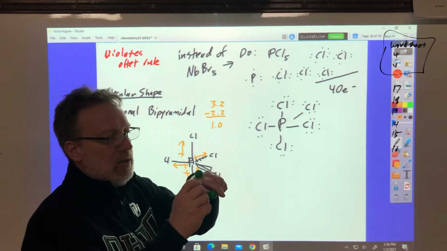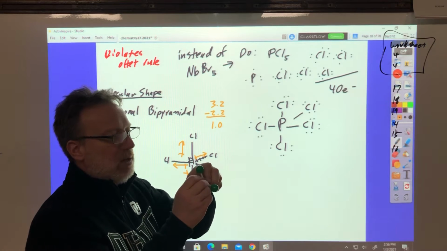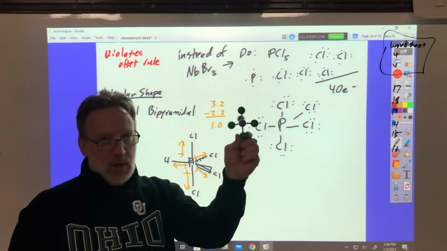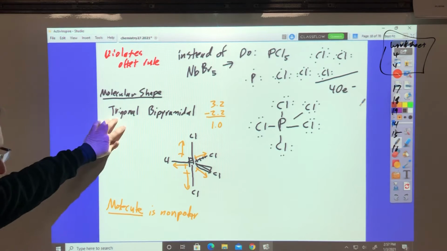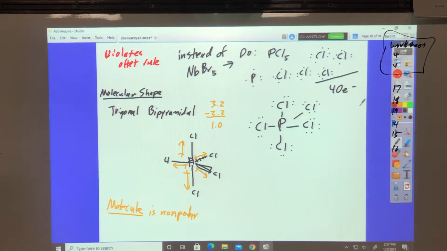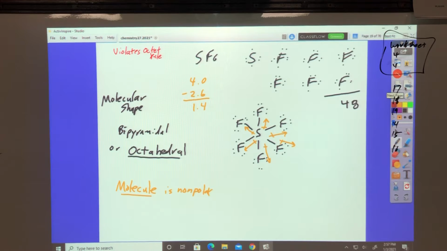So the molecule, even though every one of the 5 bonds in it is polar, ends up being nonpolar. That shape for this section is trigonal bipyramidal.